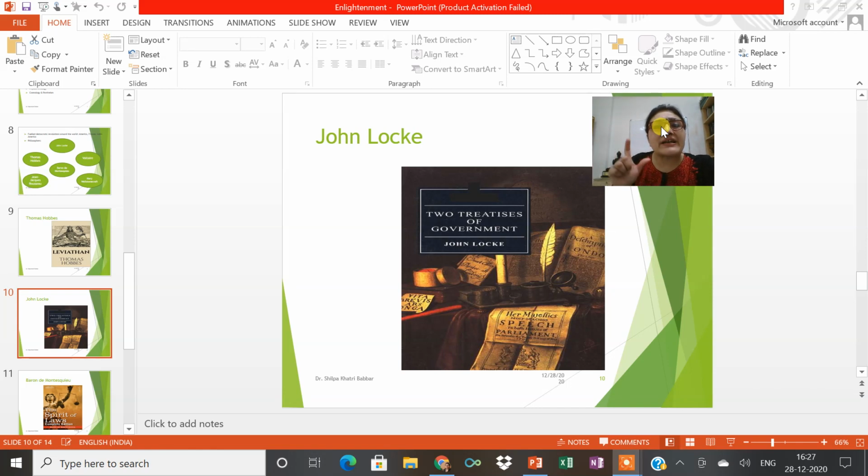Now, why do they conditionally transfer some rights to the government? In order to better ensure the stability, in order to better ensure a comfortable enjoyment of their lives, their liberty, and their property. Their three rights.